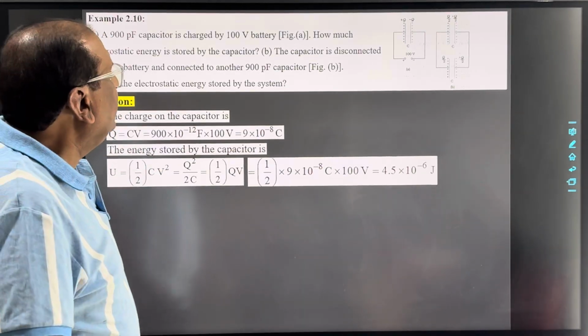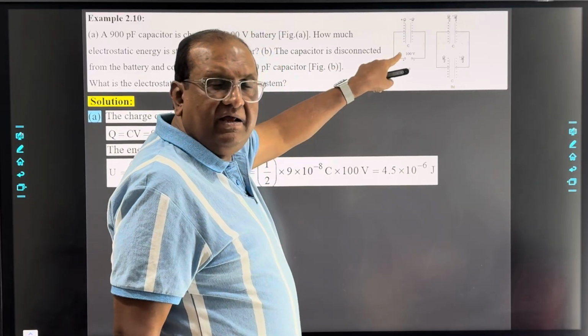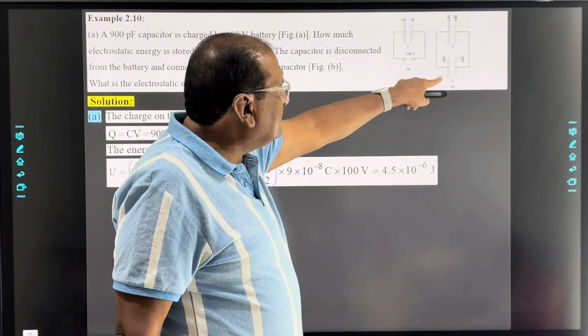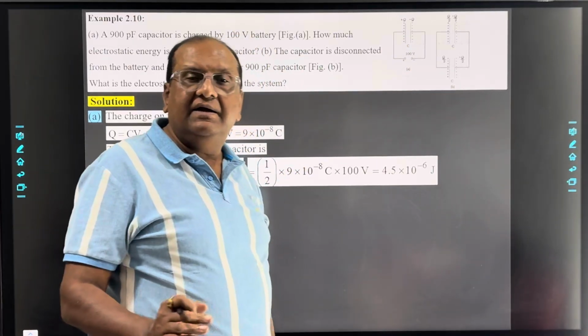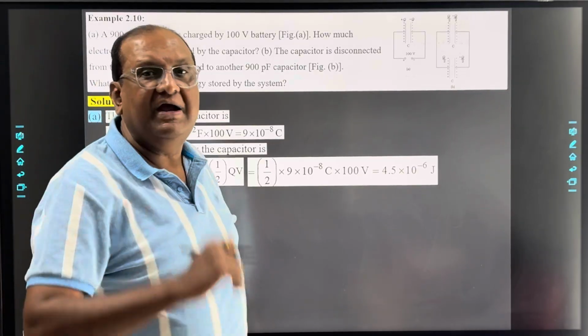So if it is connected with the similar capacitor as shown in figure B, then the charge on each one will be Q by 2, Q by 2.